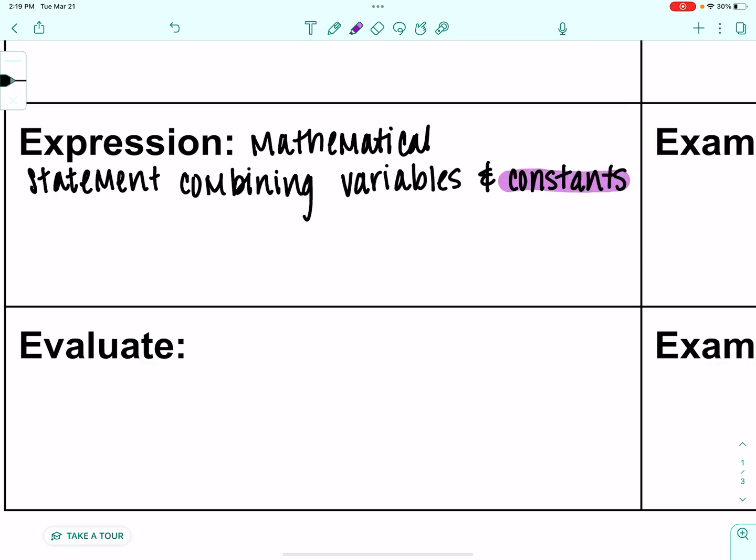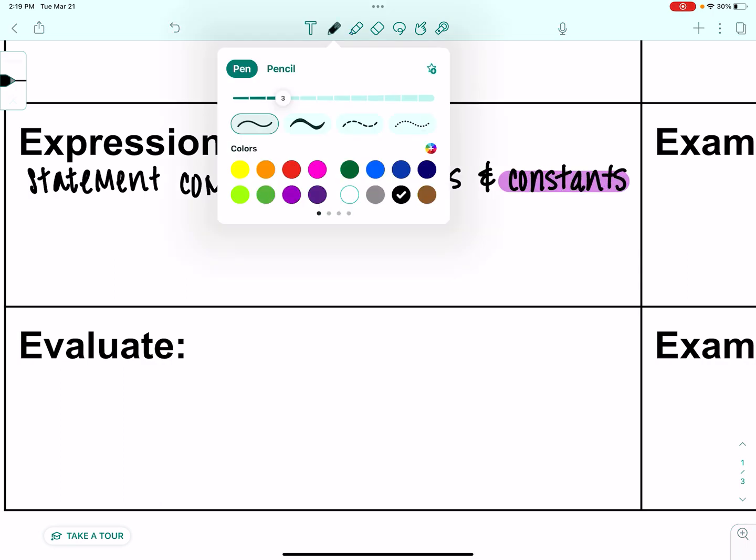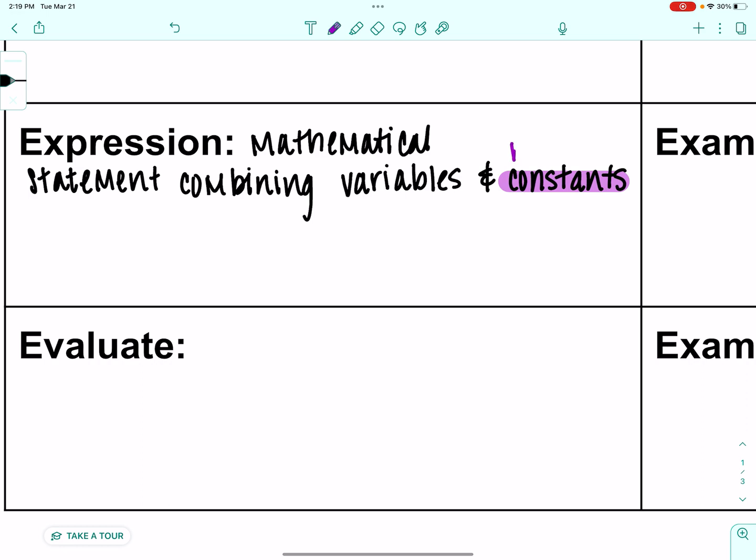Remember that constants are just numbers. We refer to them as constants because their value doesn't change. 3 will always be 3. It will constantly be 3. We're not going to change that. So an expression is a mathematical statement combining variables and constants with operations.